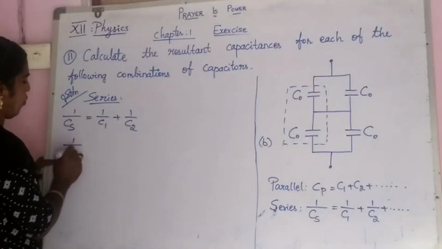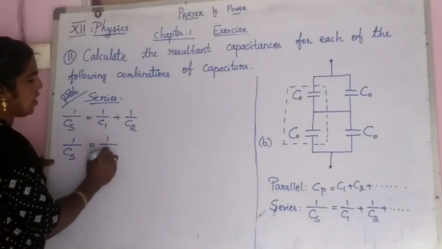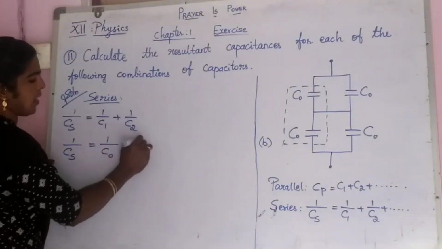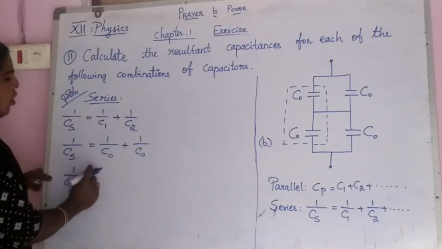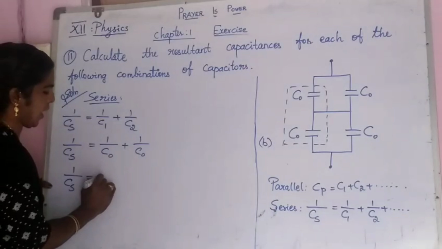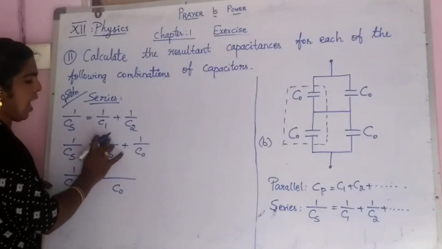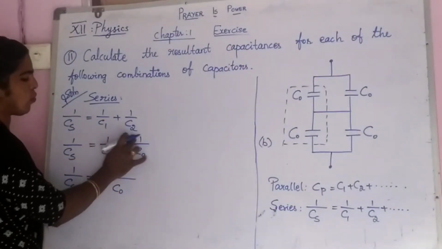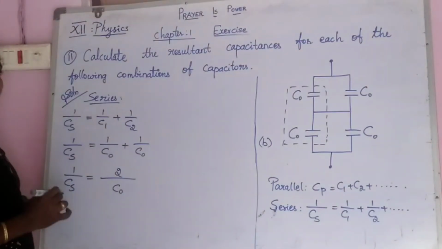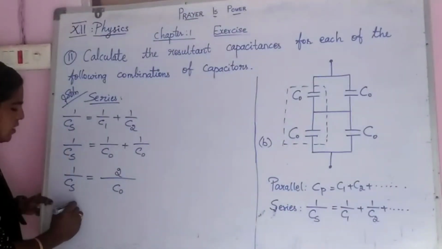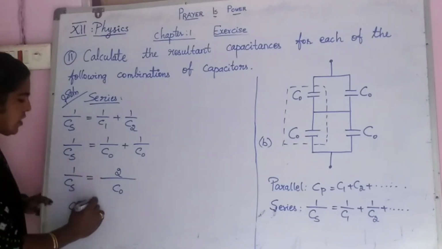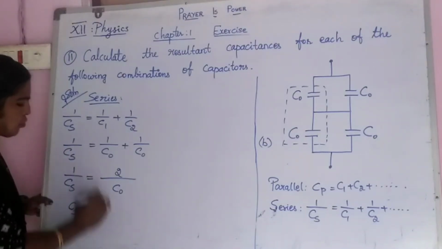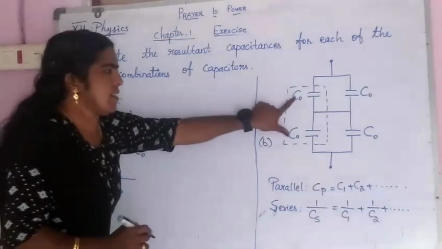So 1 by CS is equal to 1 by C0 plus 1 by C0. Here the denominators are the same, so write it one time and add the numerators. 1 plus 1 is 2. Then take the reciprocal. 1 by CS will change into CS. 2 by C0 will change into C0 by 2. So this capacitor is complete.